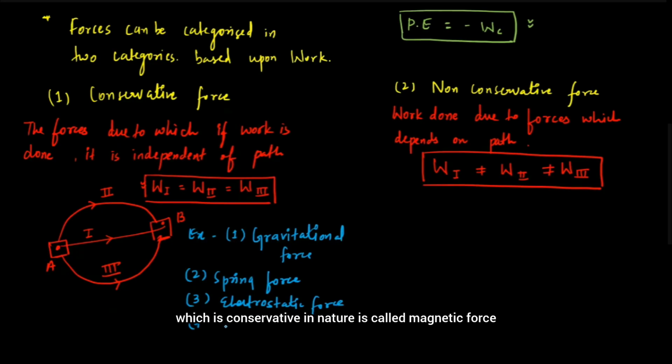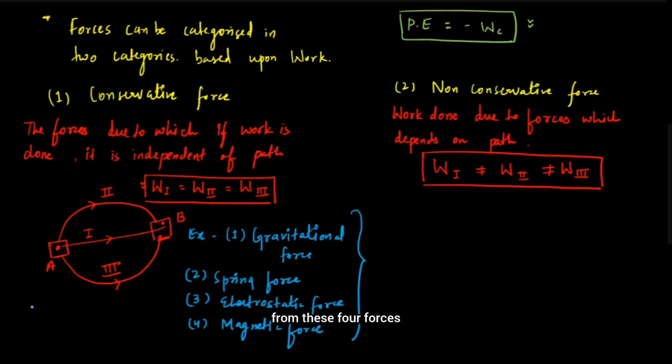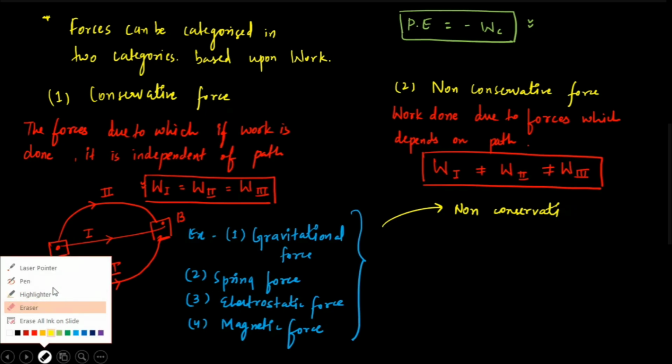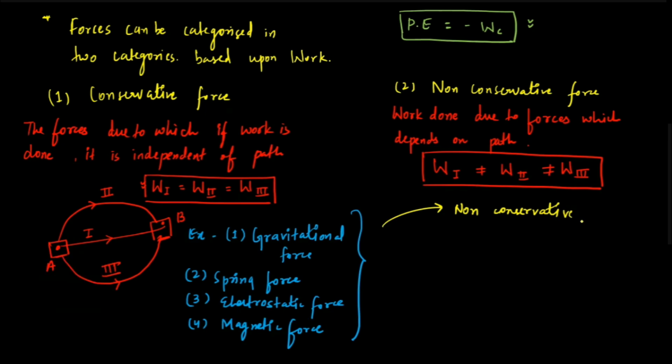The fourth force, which is conservative in nature, is called magnetic force. Now, what we need to understand here is that apart from these four forces, whatever force comes to your mind is a non-conservative force.